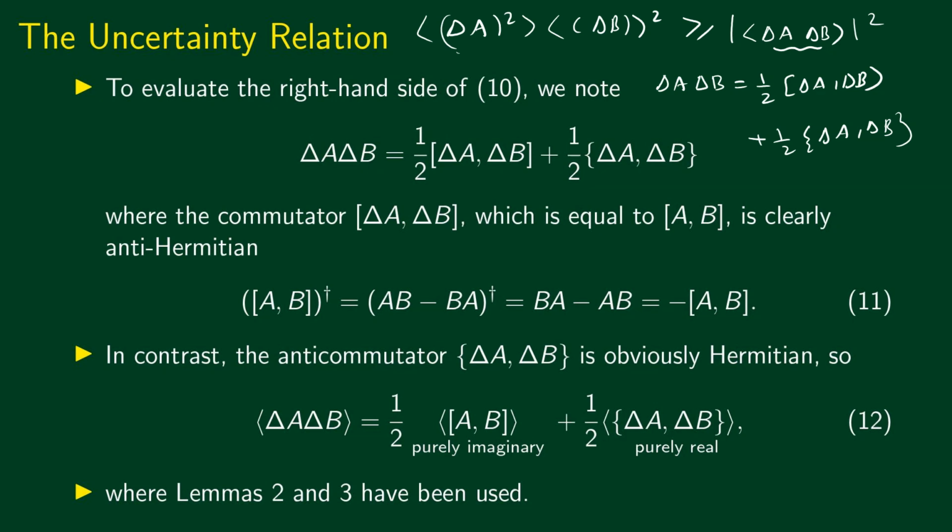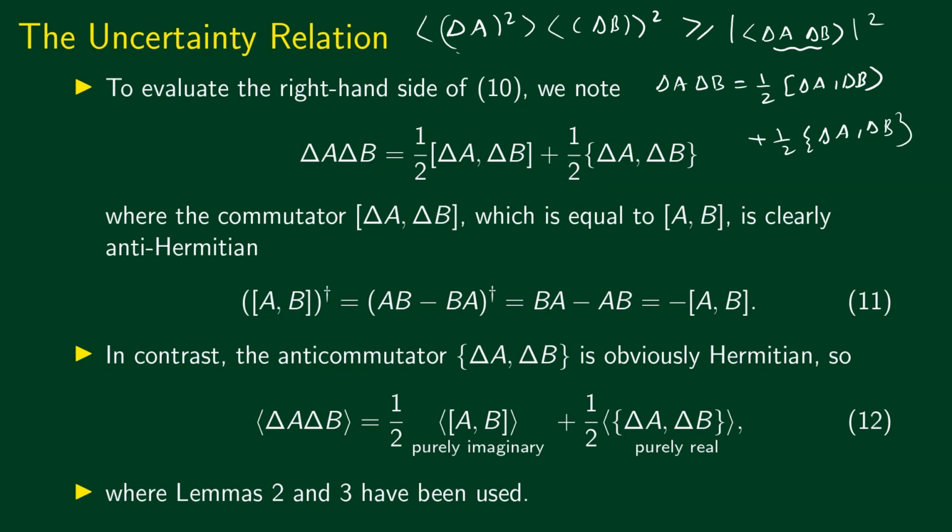The first terms, delta A delta B, add up, and the half cancels the 2 that appears when you add these first terms, to give you back delta A delta B. This is actually true for any operators. If you have a product of operators, you can decompose it in this form: half the commutator of the operators plus half the anti-commutator of the two operators.